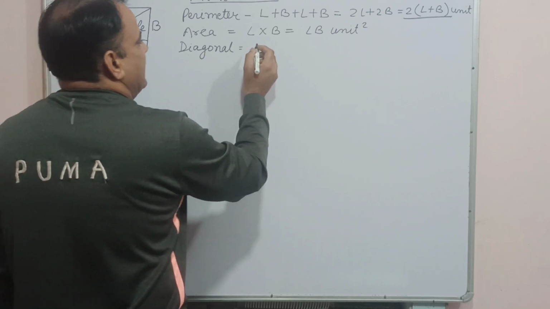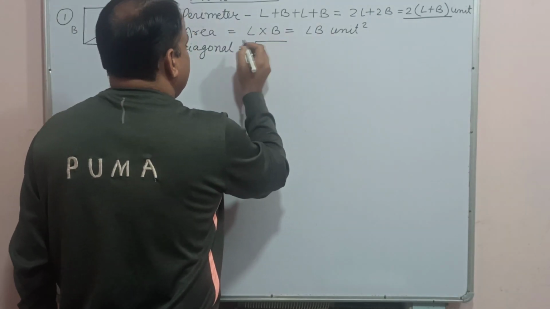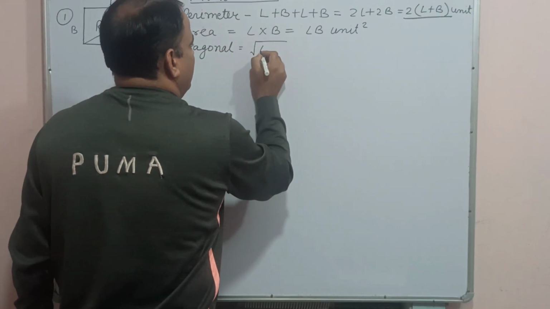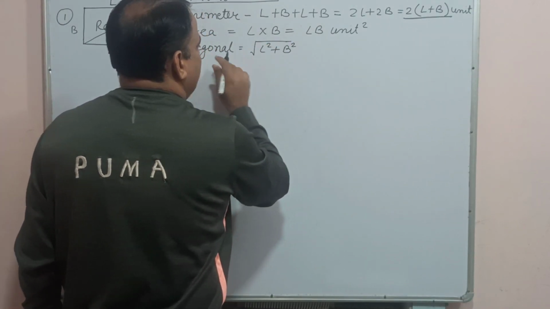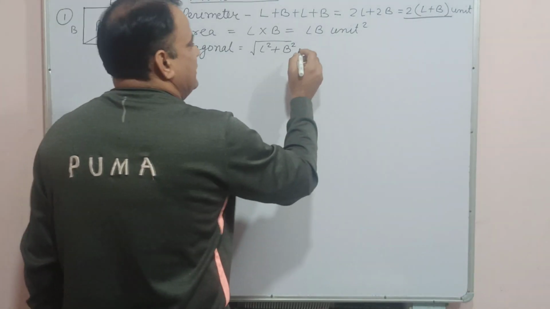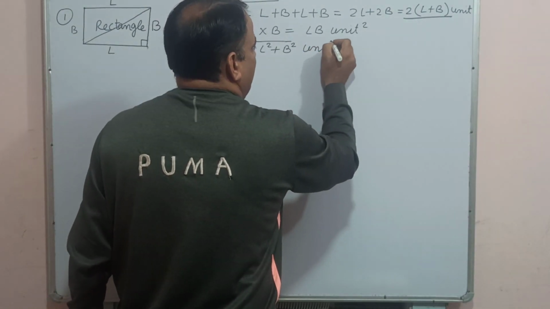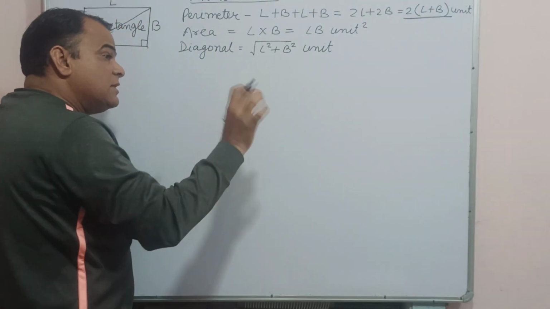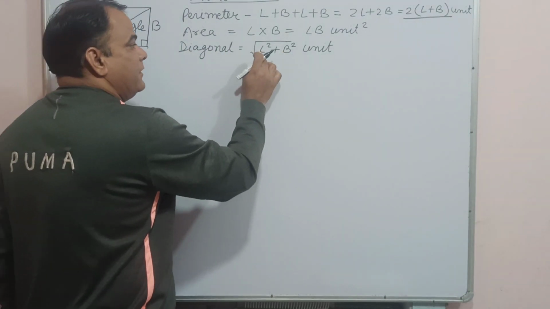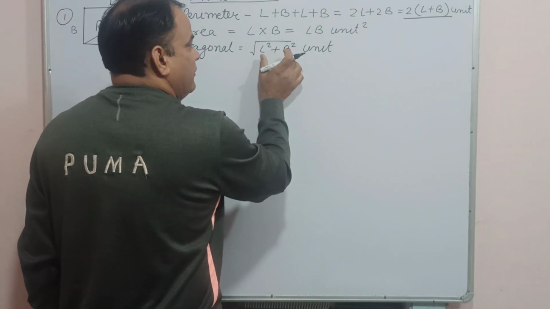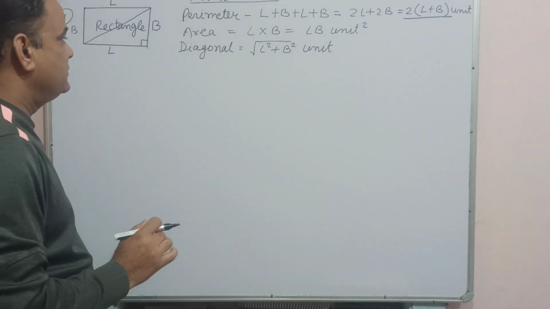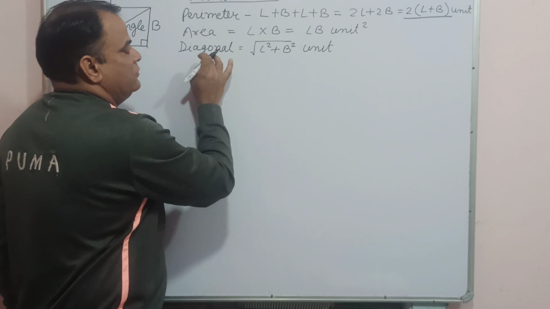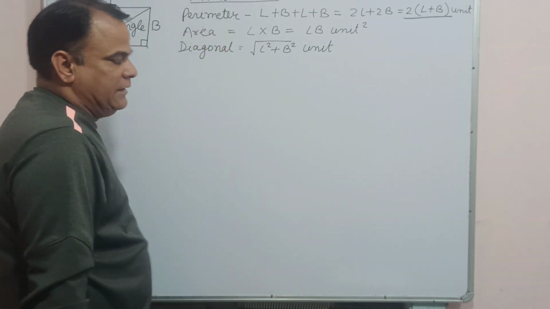So we can say that diagonal equals square root of length square plus breadth square. There is only unit because this is the sum, and after taking squares we have to sum, then we have to take the square root of this value to find the diagonal of the rectangle.